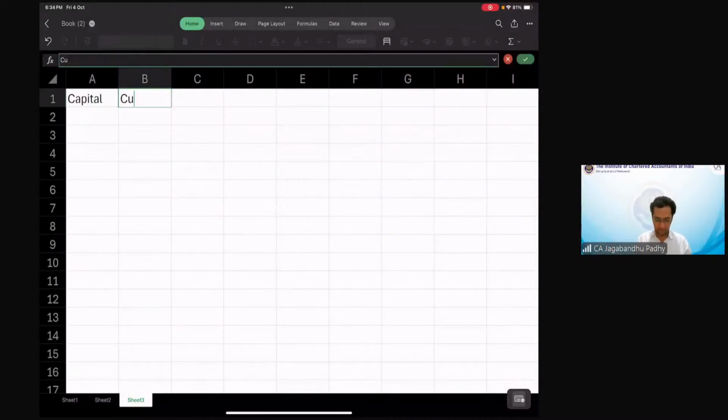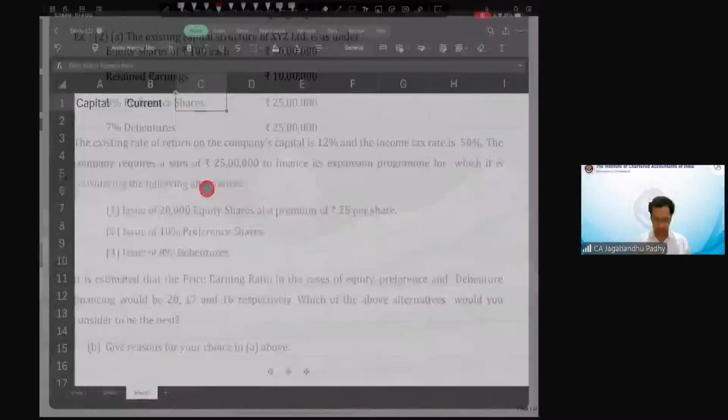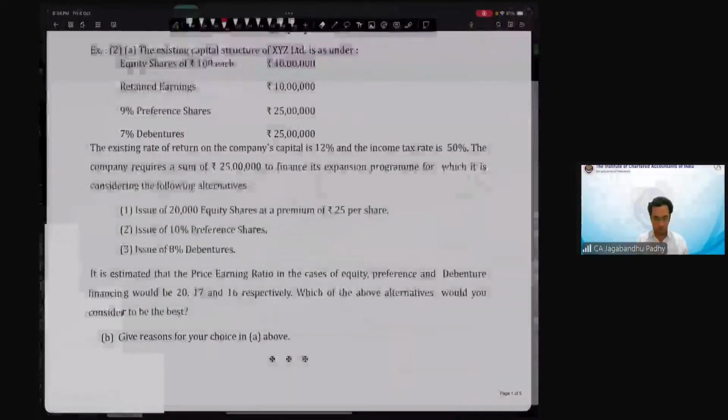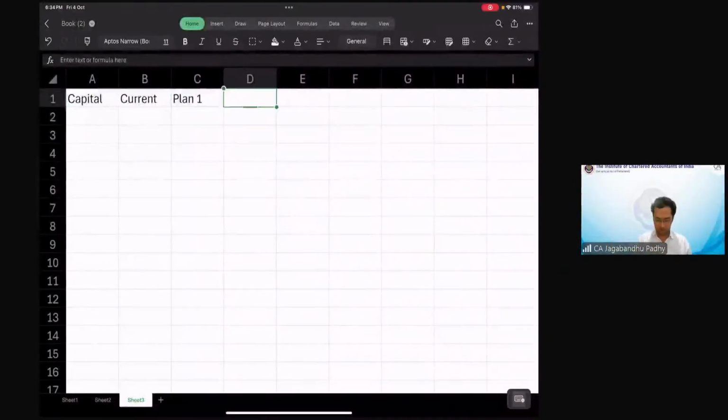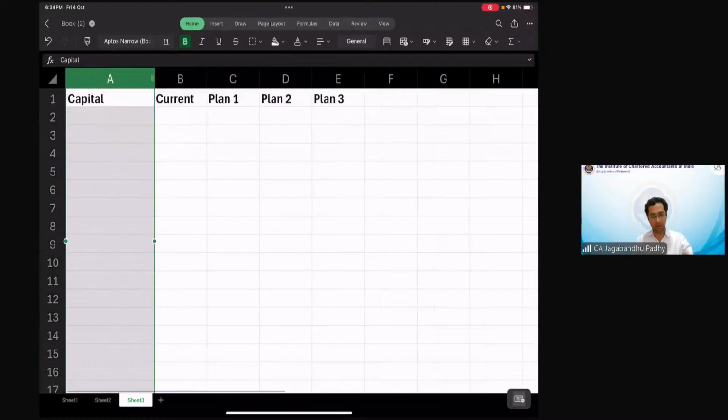Then, I think there are 3 different plans. So plan 1, plan 2, and plan 3. So I've got 3 different plans along with the current plan.